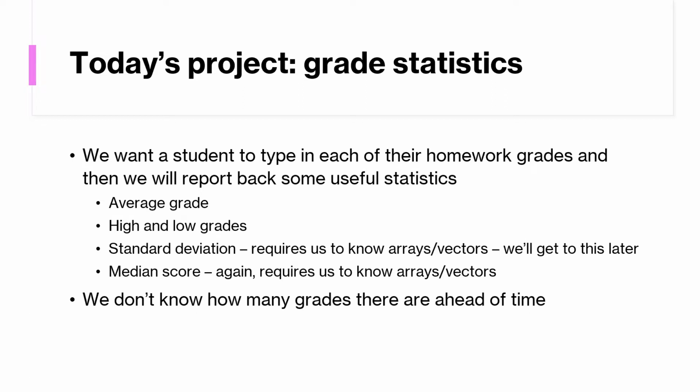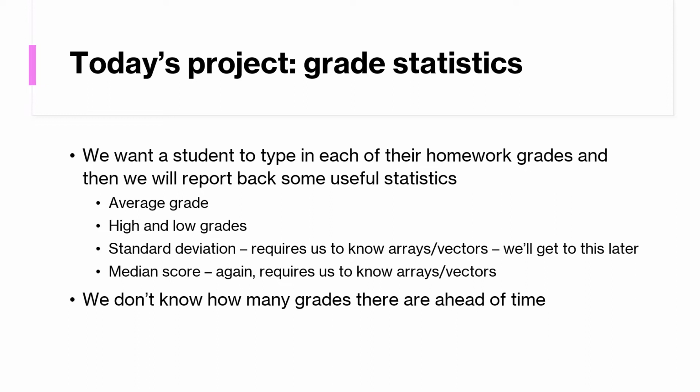We don't know how many grades there are ahead of time, so we can't build out a program that just reads in 3 grades and averages them, or reads in 10 grades and averages them. We just don't know how many grades there are going to be. And we can't use a for loop because we can't count from grade 1 to grade 10 if we don't know that there are going to be 10 grades.